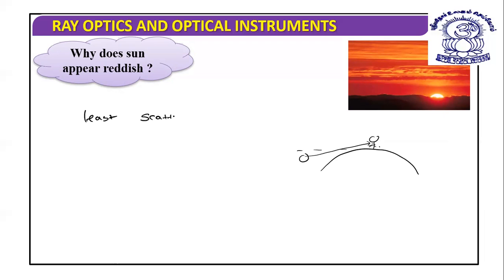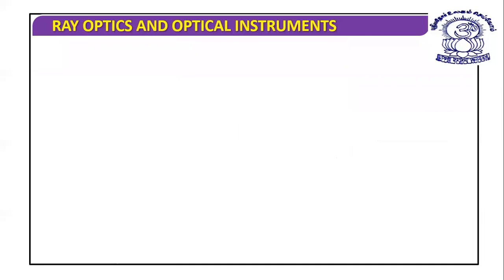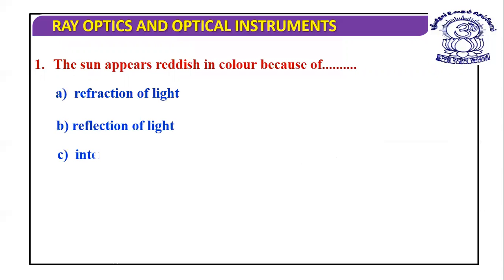Which one is least scattered light? Red and orange, because they have longer wavelength. Only they will reach the observer. So the sun will appear reddish or orange during sunrise and sunset. So what is the reason behind the reddish color? It is the scattering of light.